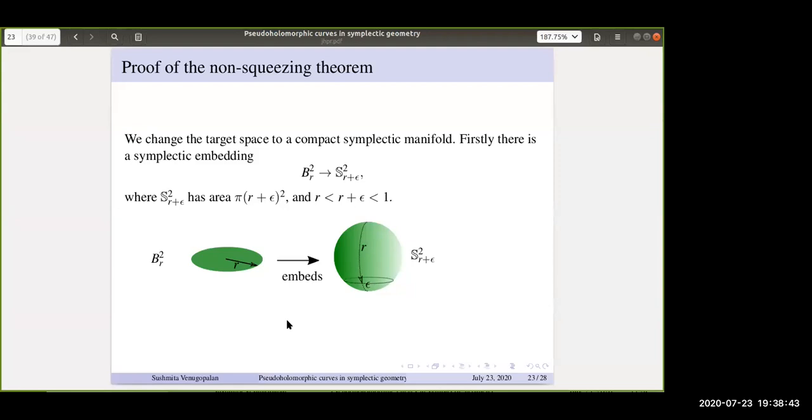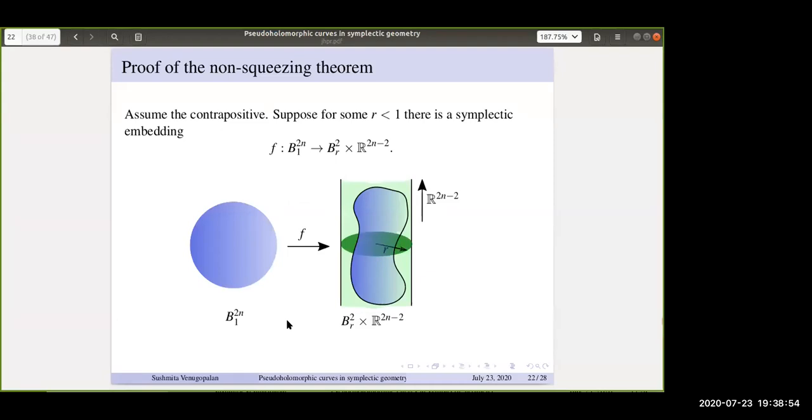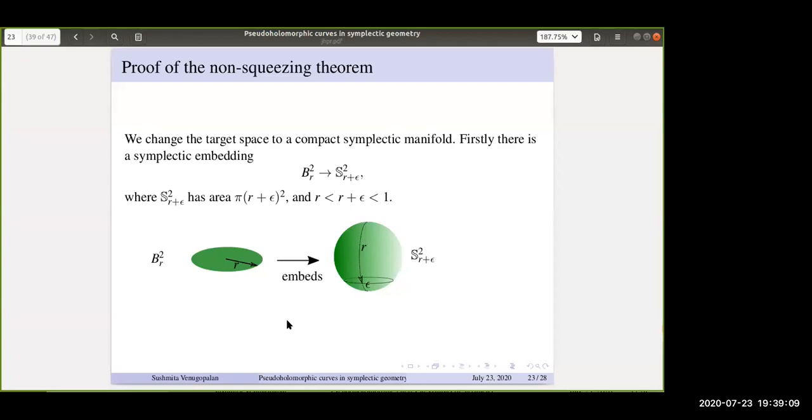In order to be able to apply any of those results from Gromov-Witten theory, we need to be on compact manifolds. So right away we have this problem that the cylinder on the right hand side, the green cylinder, is not compact. So we'll first try to change it to a compact manifold. One of the factors is a 2-ball, and we embed this 2-ball into a 2-sphere.